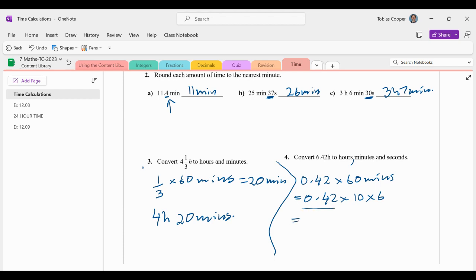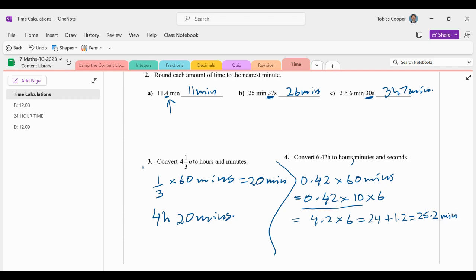Now 0.42 times 10 is just 4.2 times 6 will be 24 plus the 6 fours are 24, and 6 times 0.2 is 1.2, so it's 25.2. That's minutes.